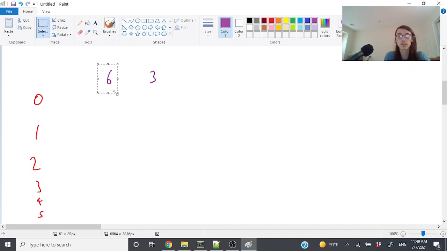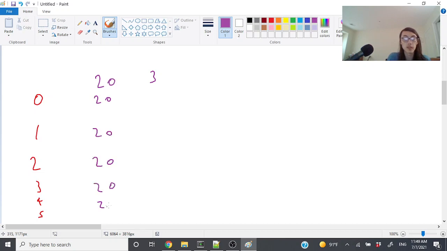So 6 is specifically 20 in base 3. So we guessed 0. Now, supposing it is 0, it would be 20. So after the first guess, everything is as expected.